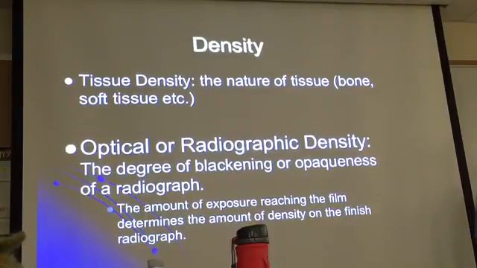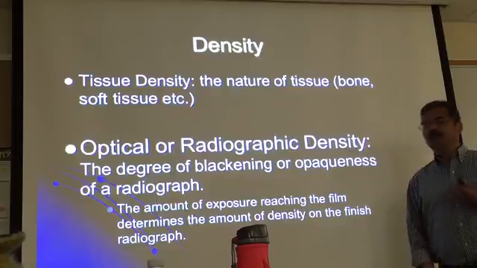Is it bone, which is going to be denser than muscle? Muscle will be denser than fat. So you have to specify what type of density you're talking about. Is that clear, everybody? Now optical or radiographic density is the degree of blackening or opaqueness that you have on a radiograph.